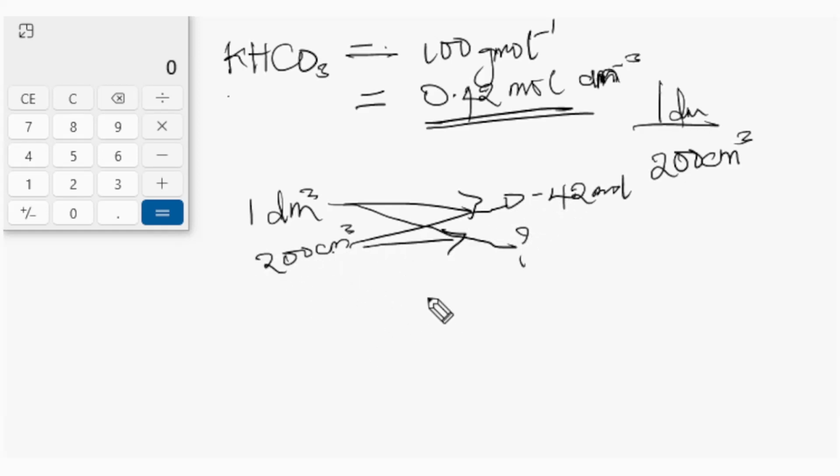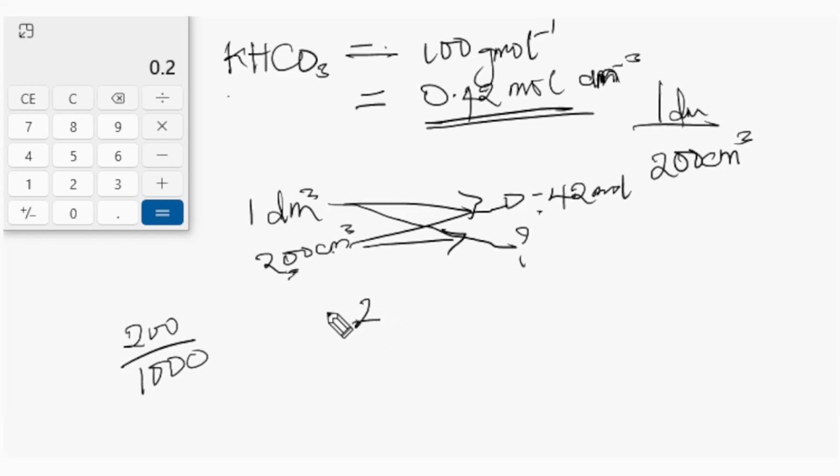Having established this, we know that 200 cm cube is the same as 200 over 1000. 200 divided by 1000 will be 0.2. So guys, we're going to cross this now. So this is actually 0.2 times 0.42.